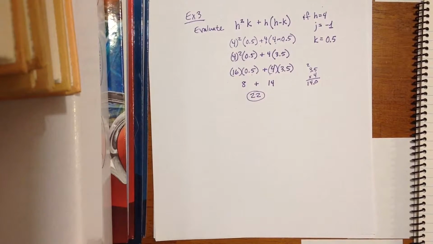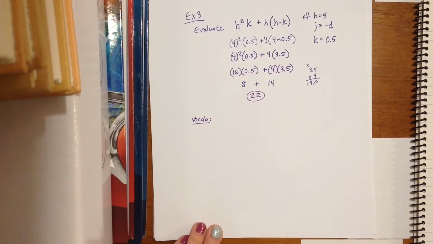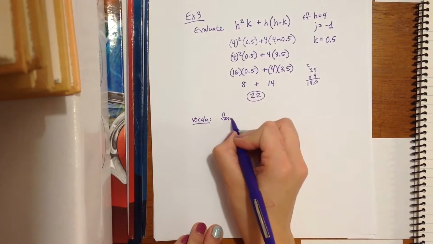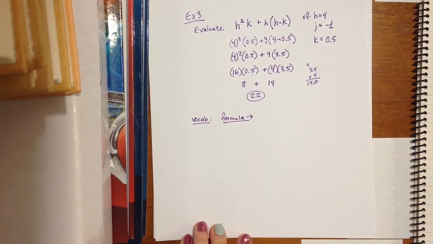Now, I have one more thing that we need to talk about today, again in the realm of expressions, but first we have one more vocab word that we need to talk about, and that is a formula. You guys have probably used formulas in the past, but here's the official definition.